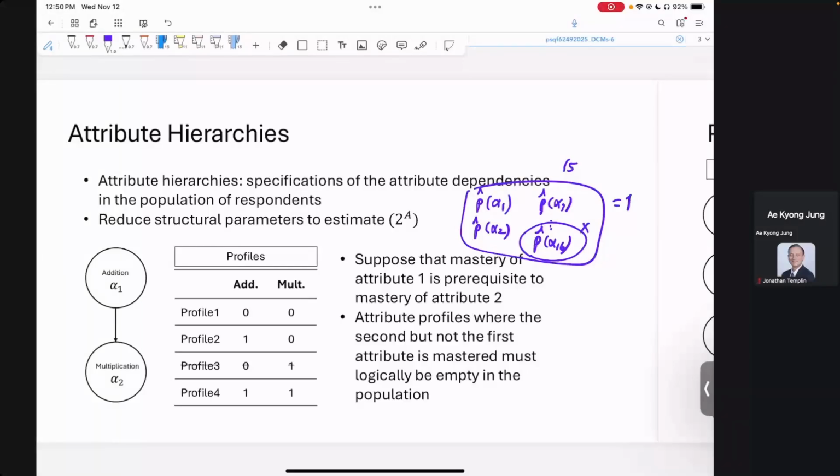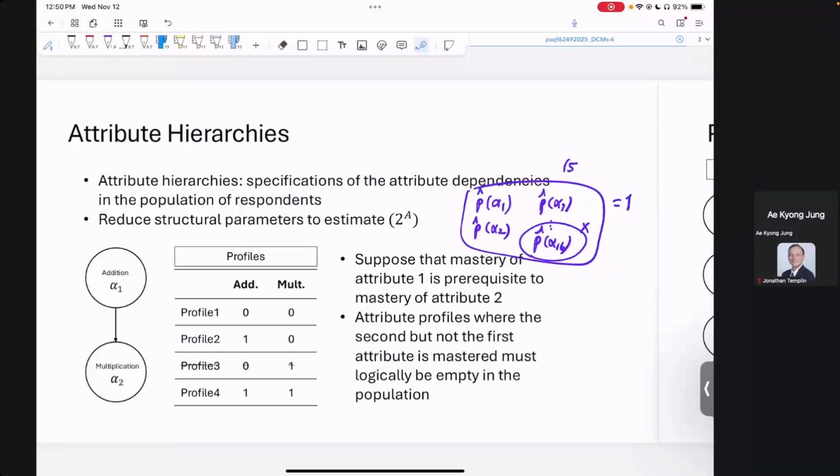by using attribute hierarchies. If you see this graph, addition is a prerequisite of multiplication. So this is the 2 attribute case. How many profiles are there? 2 to the 2, so totally 4.